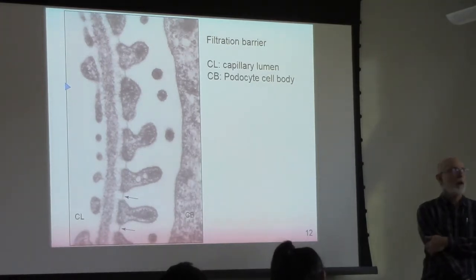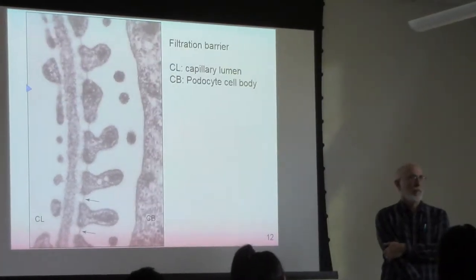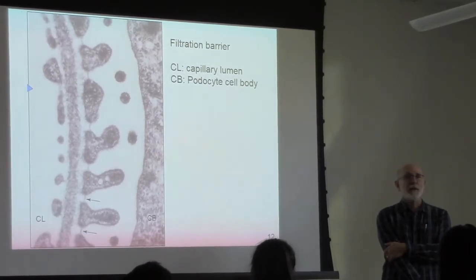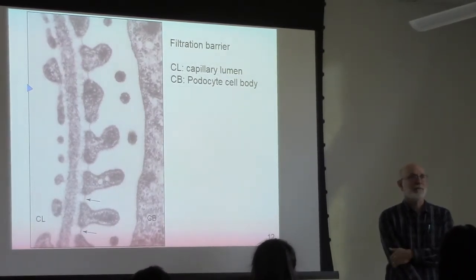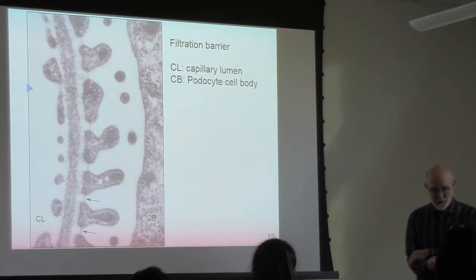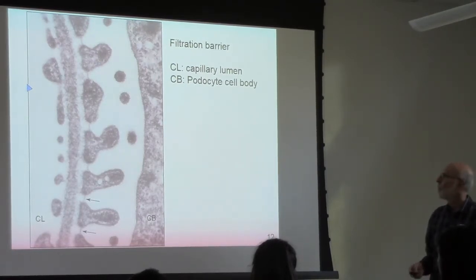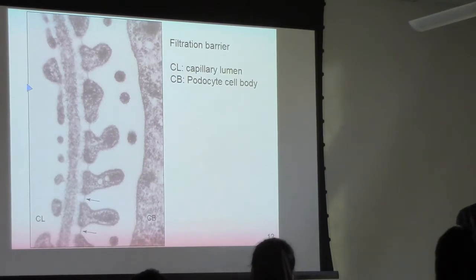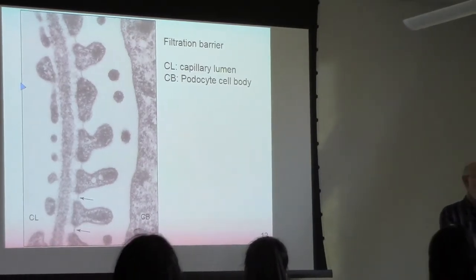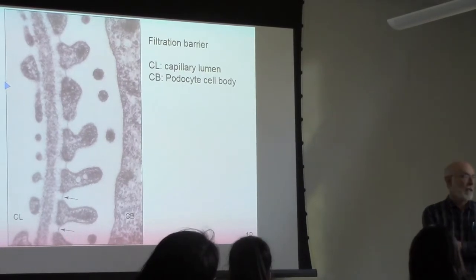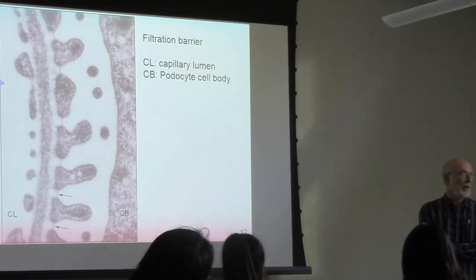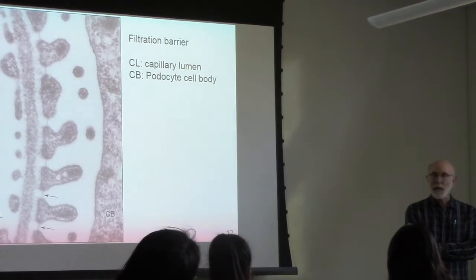The molecular weight of albumin is 58,000 or something. It's a big difference. So cells cannot go through: red blood cells, white blood cells, any cells in the blood. And proteins in the blood cannot normally go through.